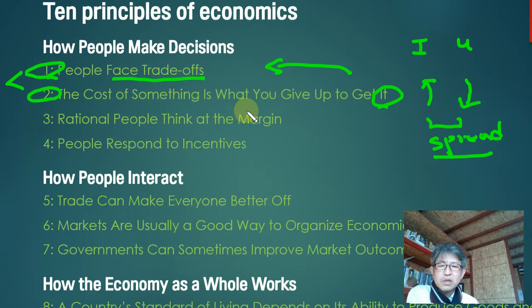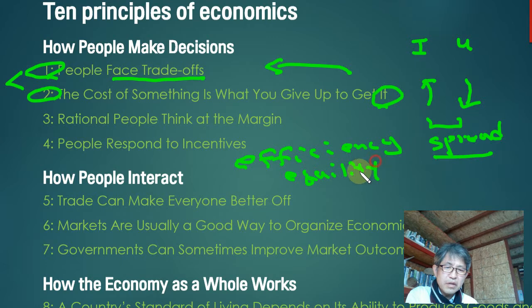Because economics is to study which one is more efficient. And sometimes, rather than efficiency, in the position of government, we have to select equality. So efficiency and equality are the main factors to consider in deciding something, especially in the case of government policy.